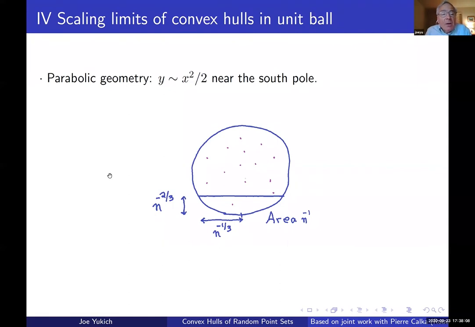Remember that in the first part of the talk, we observed that there is parabolic geometry. The sphere near the South Pole looks like x squared over 2 in dimension 2, and in higher dimension, it looks like the norm of x squared over 2. So we already observed this parabolic geometry.